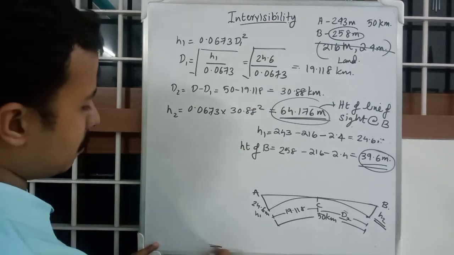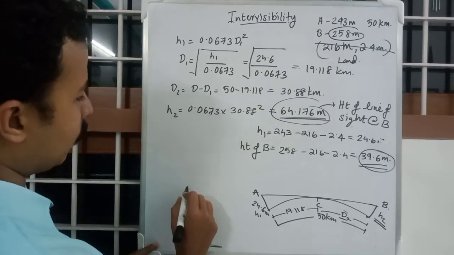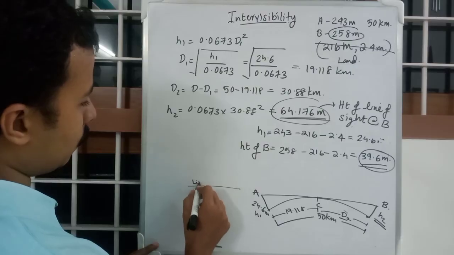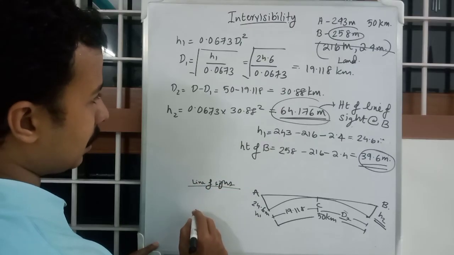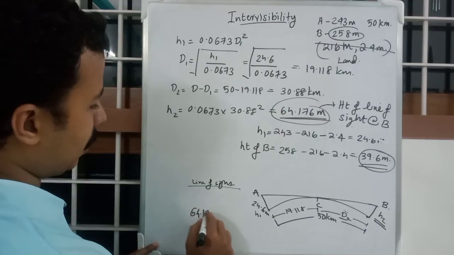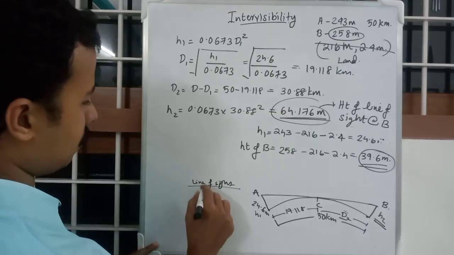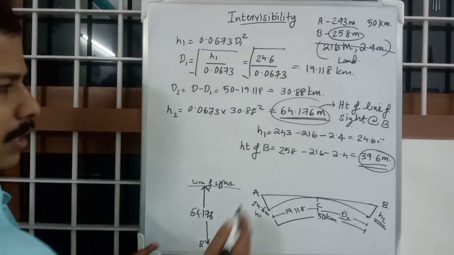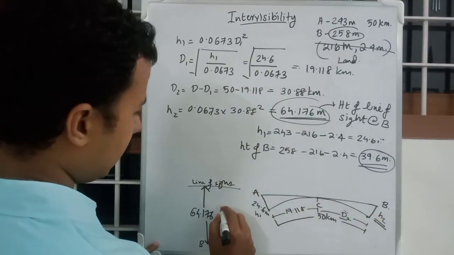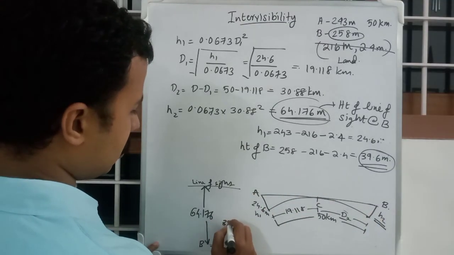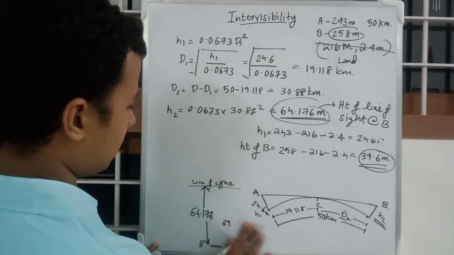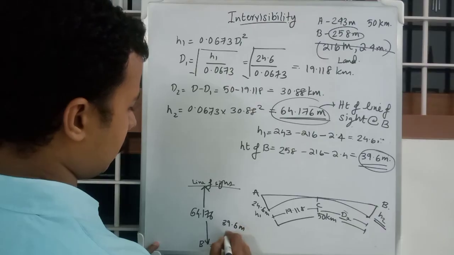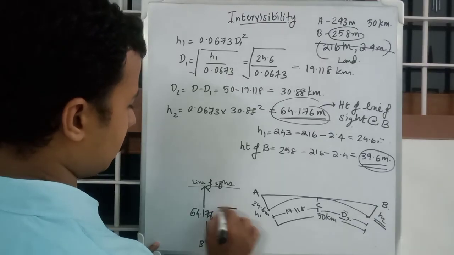As if this is B, the line of sight is passing through a height of 64.176 meters, but B is of height only 39.6 meters, only this much.